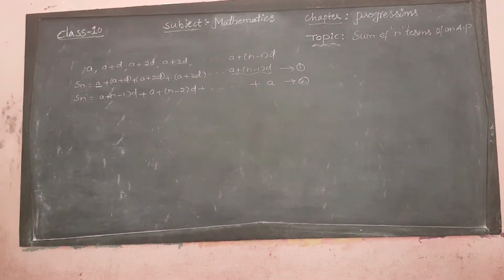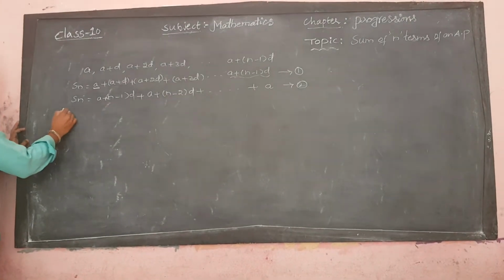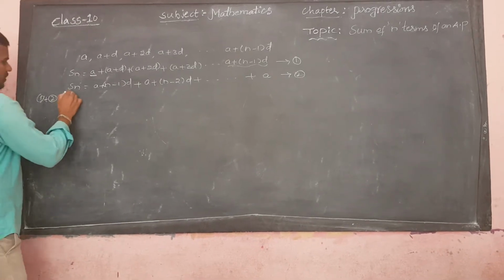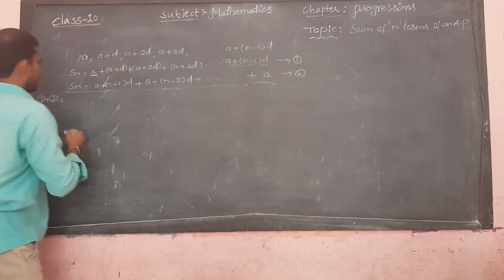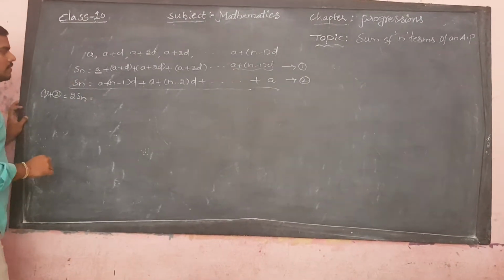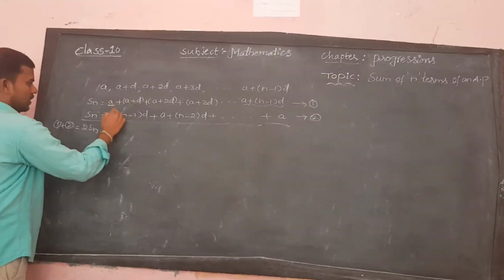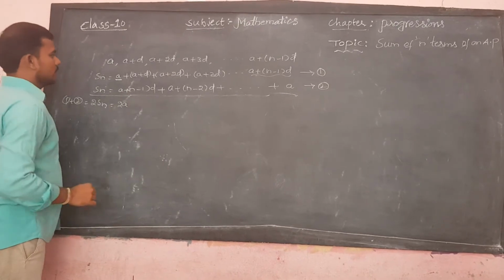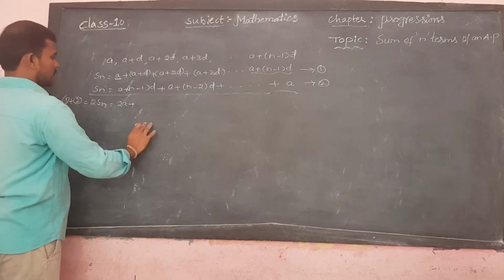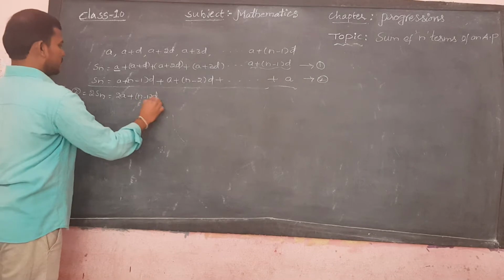Now add both the first equation and the second equation. So 2Sn is equal to a plus a, which is 2a, plus (n minus 1) into d.